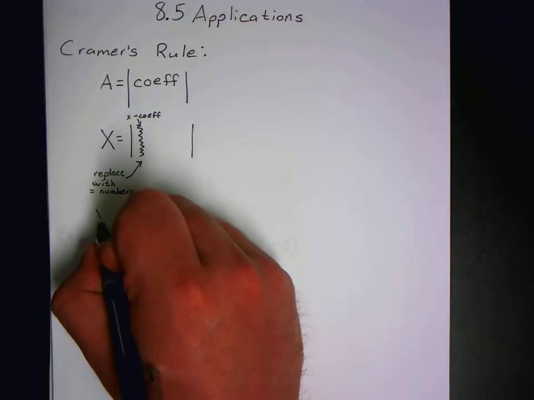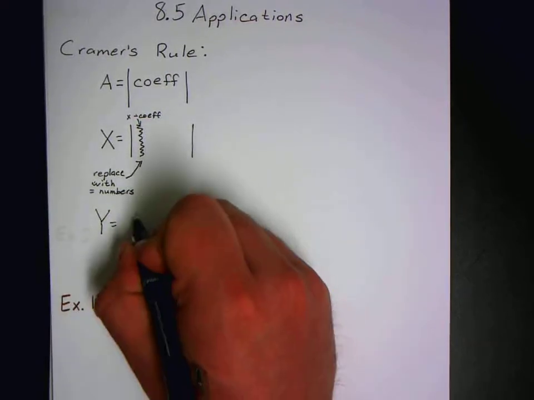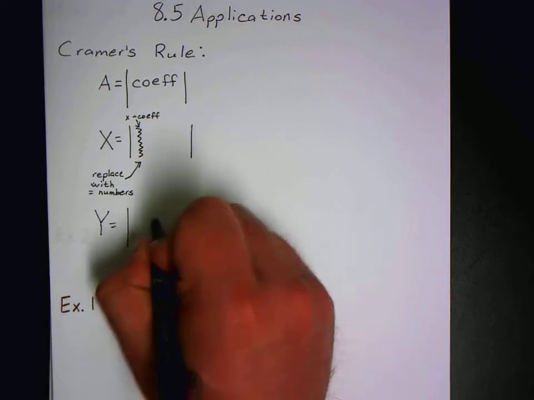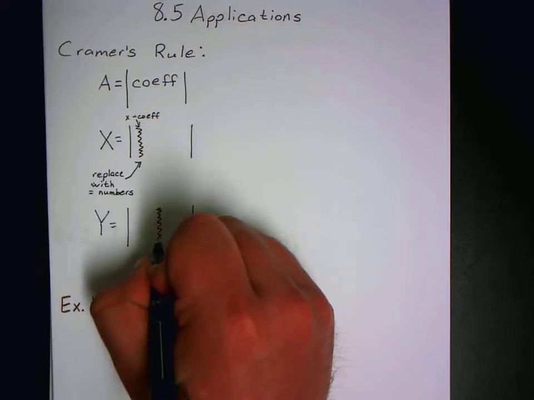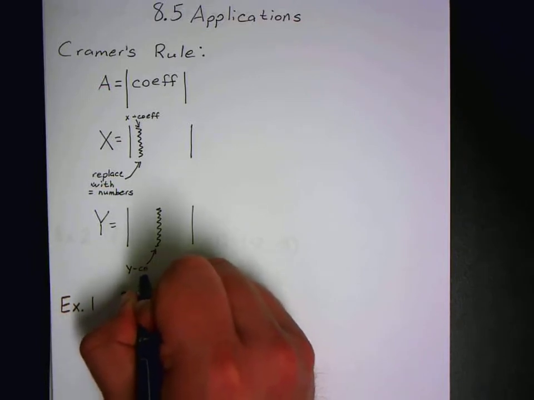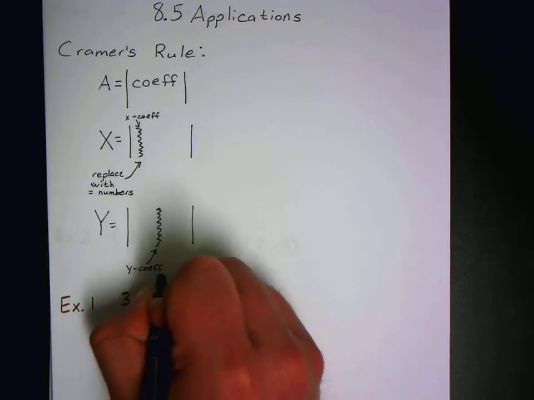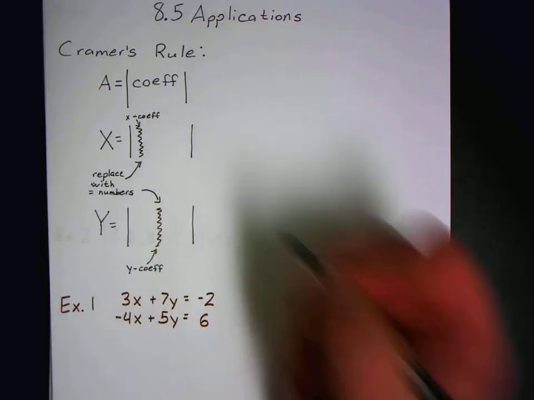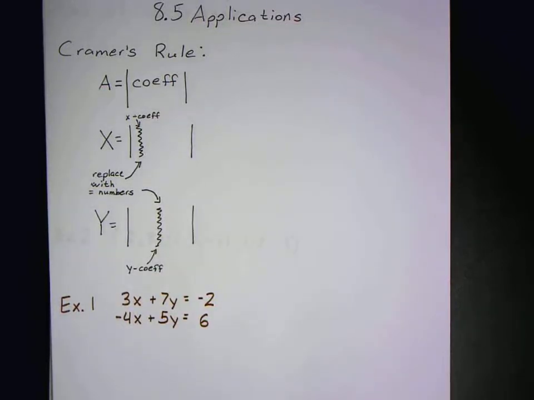And then we would have a Y matrix, and we would do the same thing with the Y matrix. We would take out the Y coefficients, and we would replace those with whatever's on the other side of the equal sign.